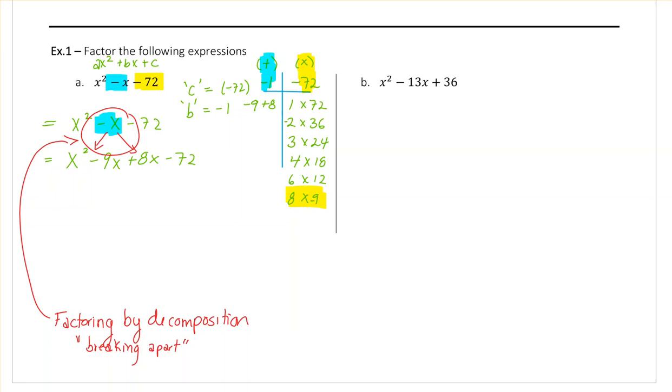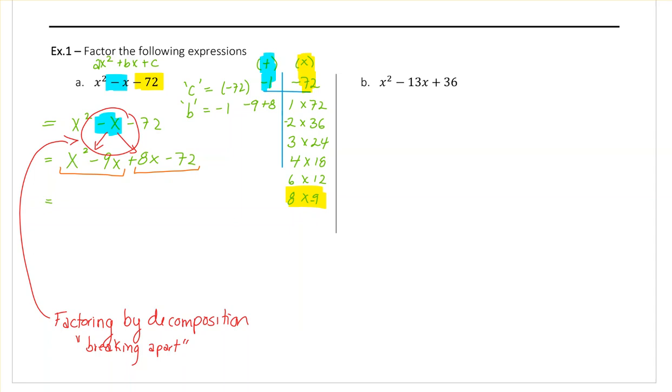Next, you're going to want to group your terms into pairs. So your first two terms are going to be paired together, and your second two. Okay? And like the other day when we were common factoring, that's what you're going to do now. You're going to common factor these pairs.